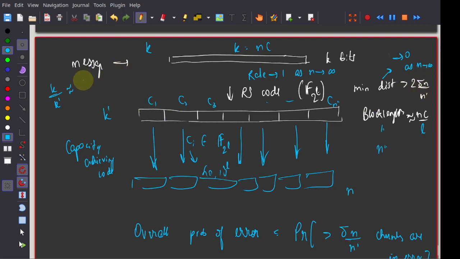So we achieve the singleton bound. So it is 1 minus delta n over n prime.